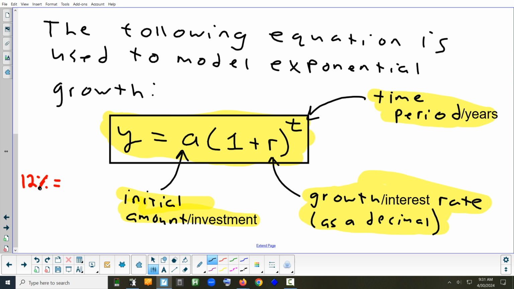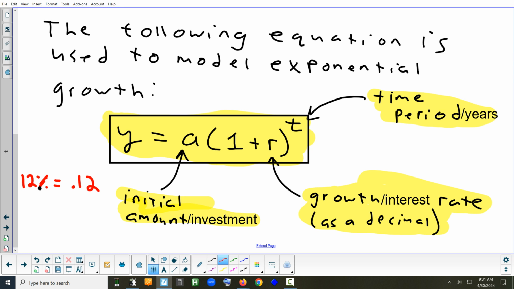Move it twice to the left. So what does 12% become? 0.12. Yep.